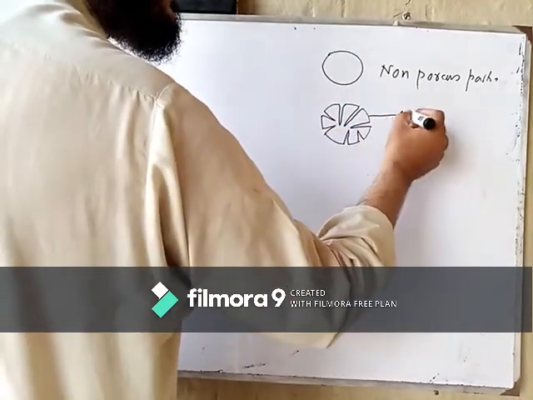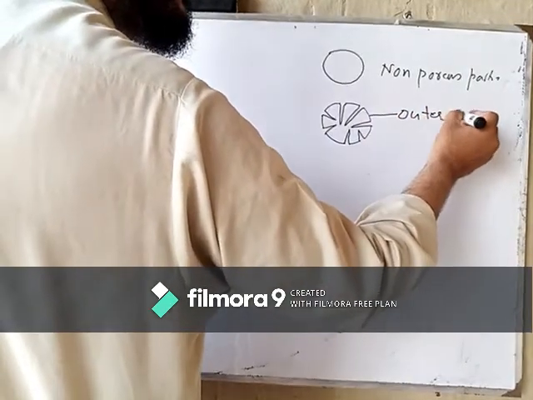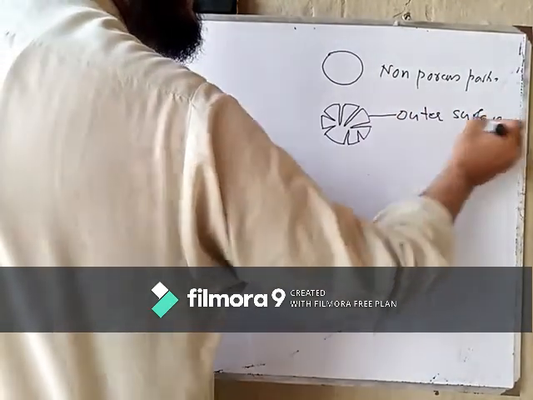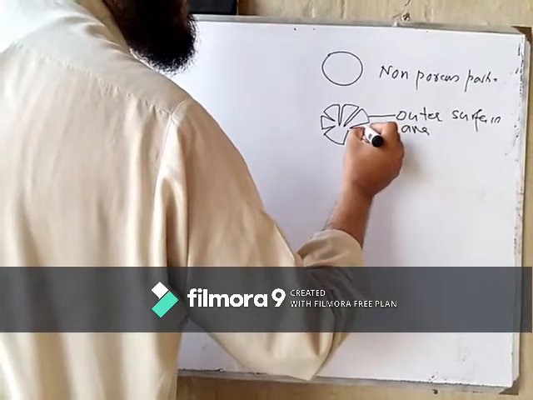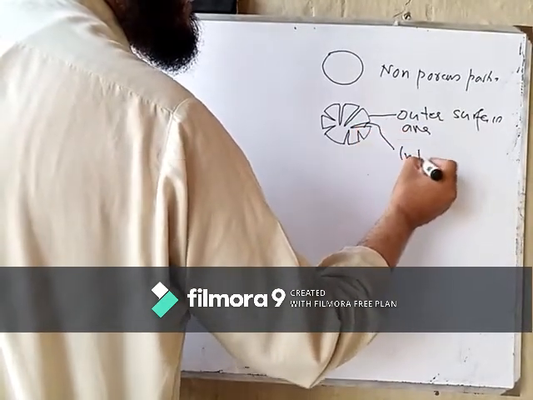So this is outer surface area, and this is internal surface area.